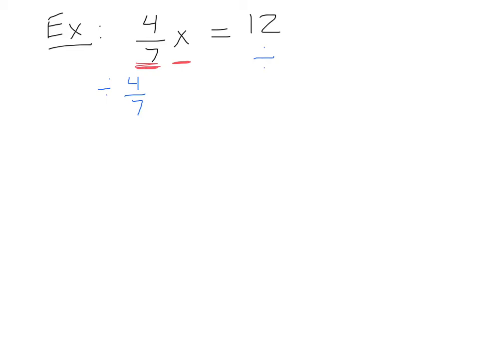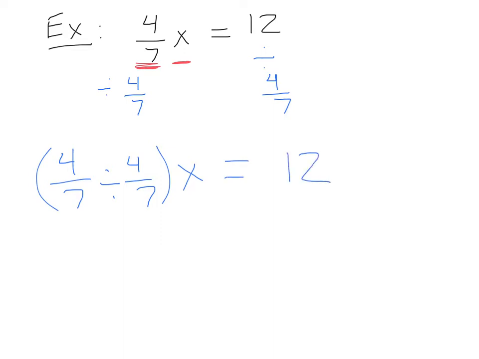But be careful. You have the fraction 4/7 on the left side and you still have this x. And on the right side, you've got 12, and you're dividing by 4/7.